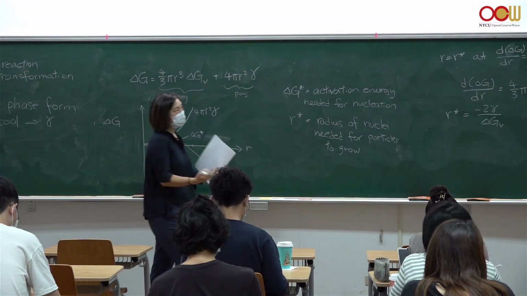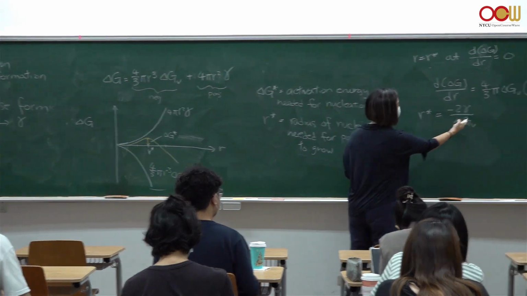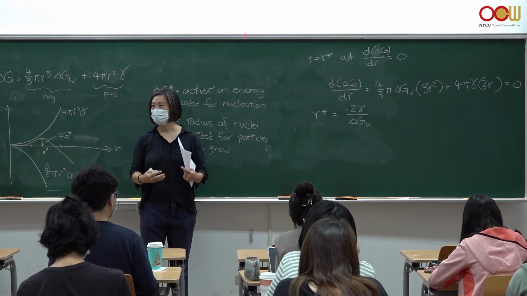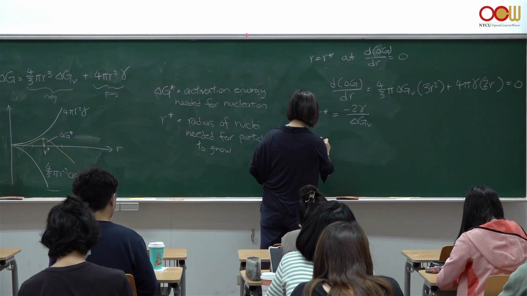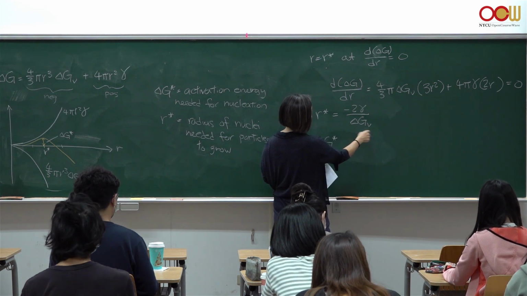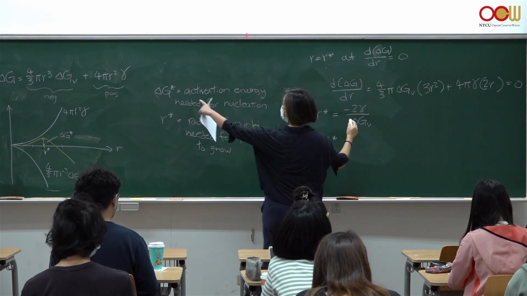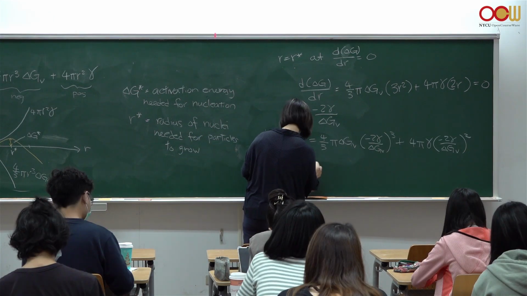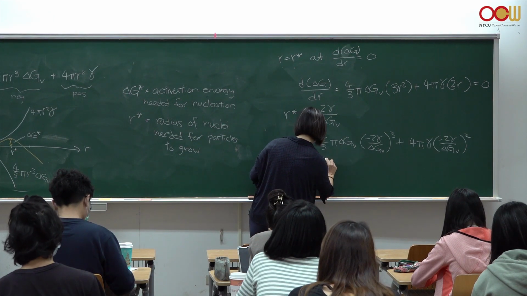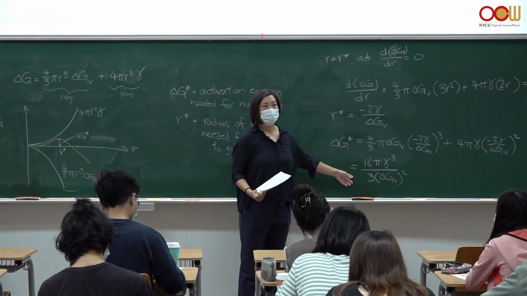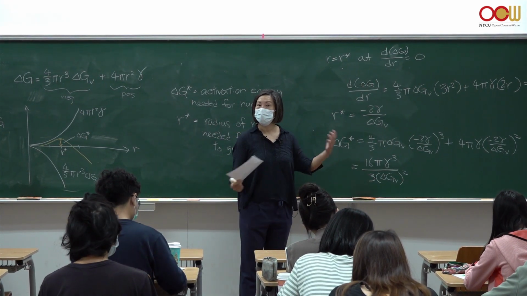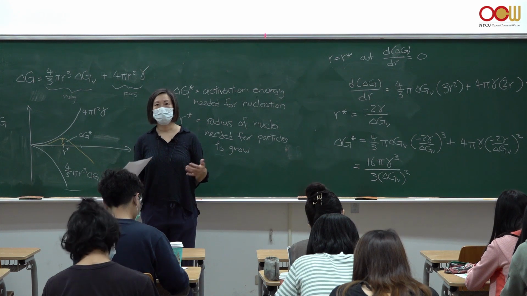So now if we plug this back into that equation, we can find our delta G star. If I solve that, I get 16 pi. So the activation energy can actually be quite large, depending on the amount of free energy.